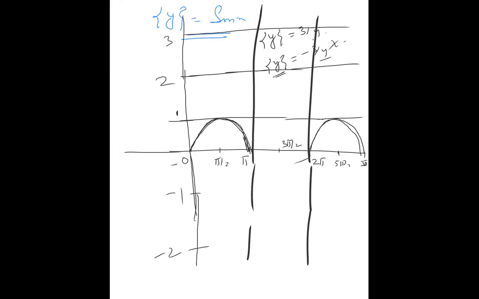So between this value, between this value, fraction part 1 is not possible, so it comes at 0, not possible.